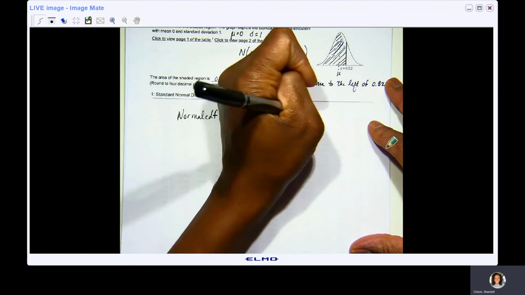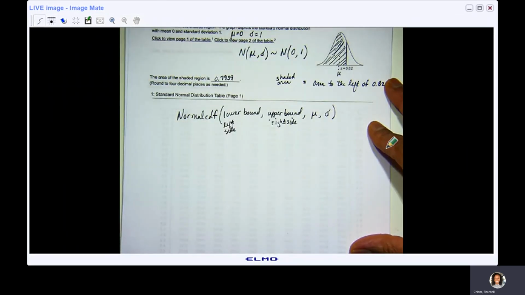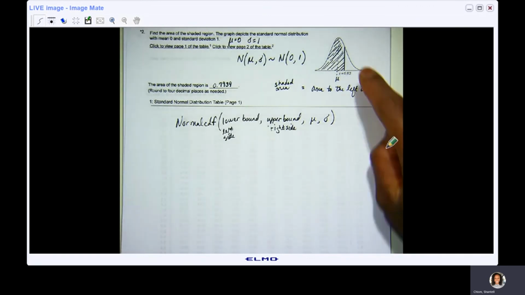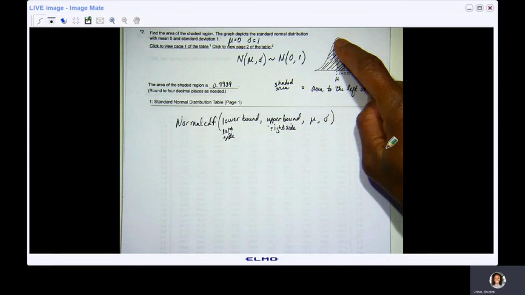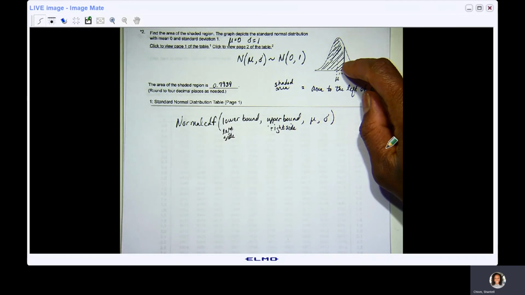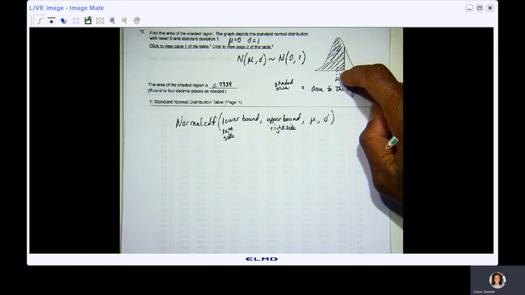Then you tell the calculator what your mean is and what your deviation is. So I have to tell the calculator, by putting in these bounds and my mean and deviation, where this region is shaded, where the stopping point is on the left and on the right.